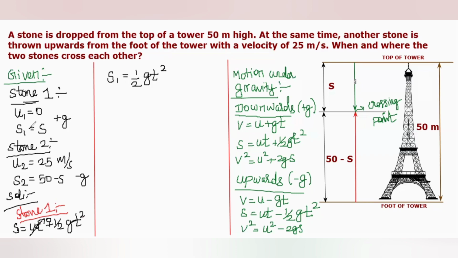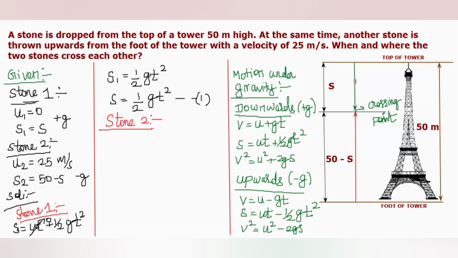Here we know that S1 equals S, so S equals 1 by 2 g t square. Here t is also unknown. This is the first equation. Then for the second stone, stone 2.